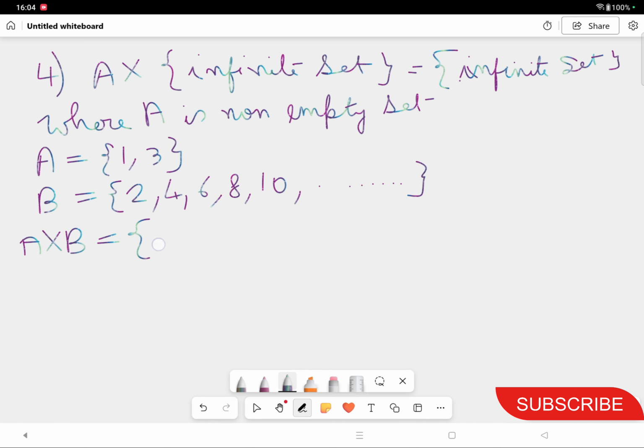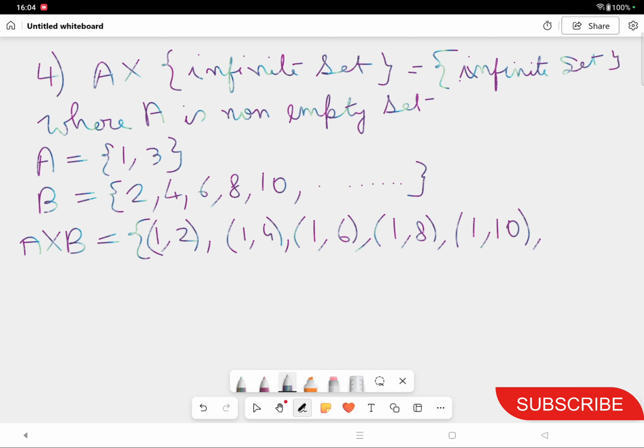Why? Because if you try to find the combinations, it will be 1, 2, 1, 4, 1, 6, 1, 8, 1, 10, and so on. After that it will go on infinitely.